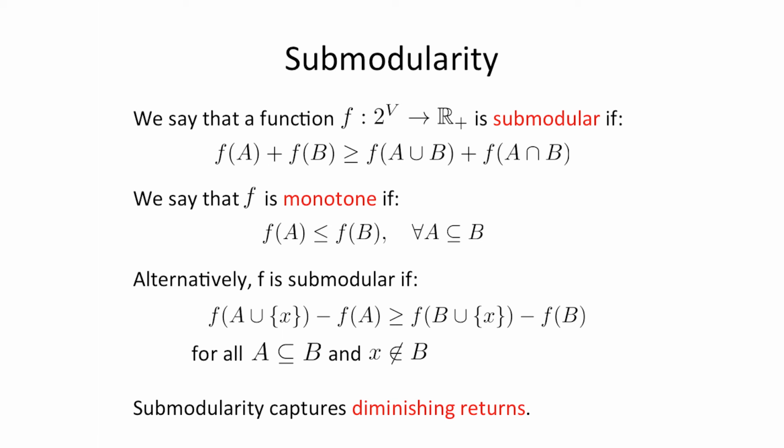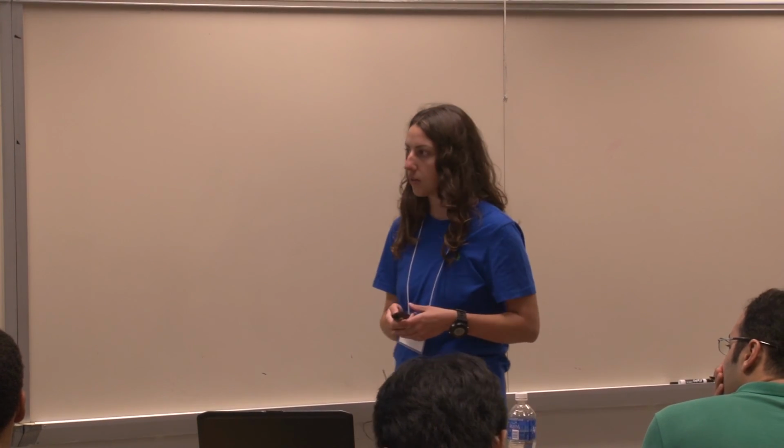Submodularity captures diminishing returns in the following sense. If we have two sets A and B, and A is a subset of B, and we consider adding some element x, then the marginal gain that we get should be larger if we add it to A as opposed to B. These two definitions are completely equivalent, but I find the second one easier to think about.